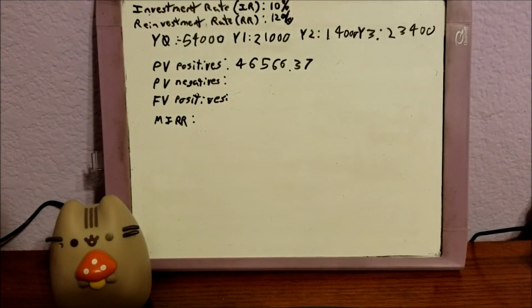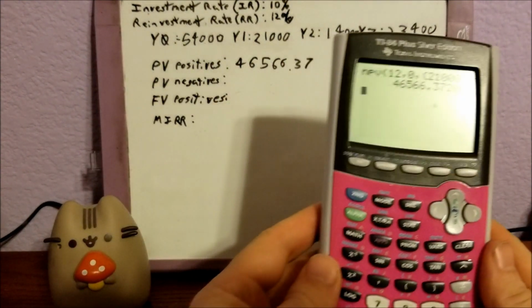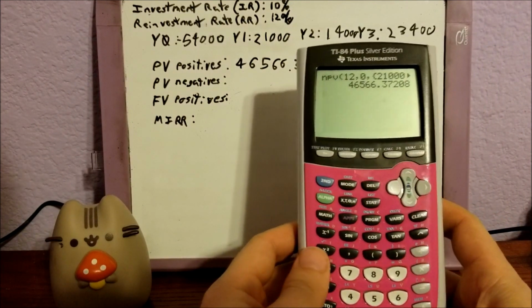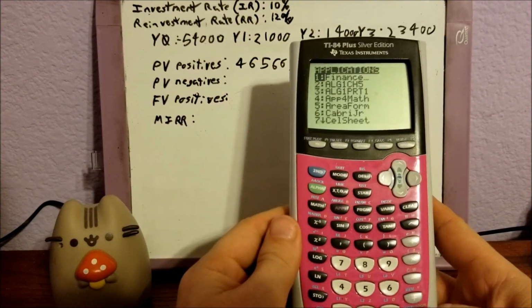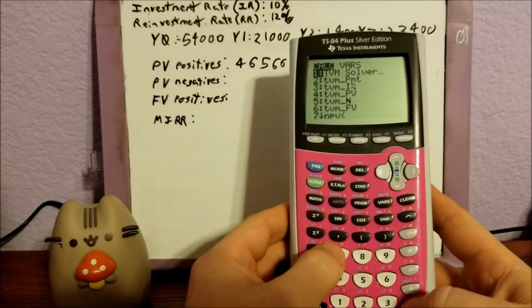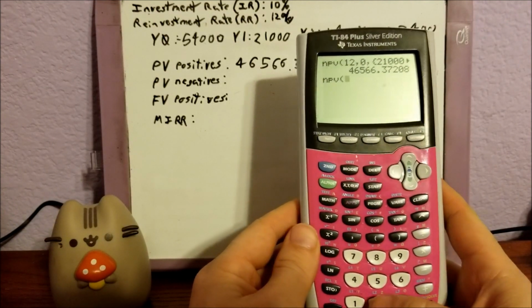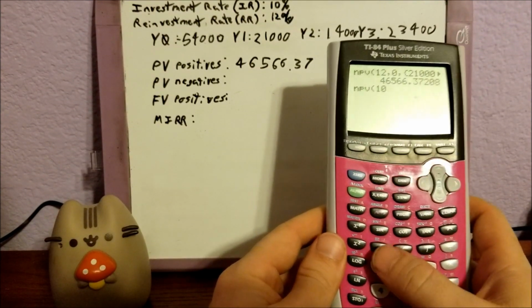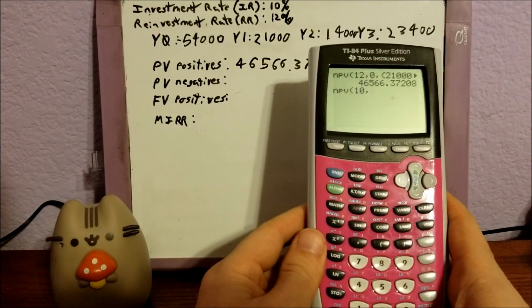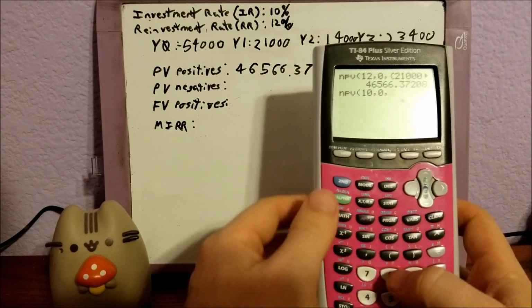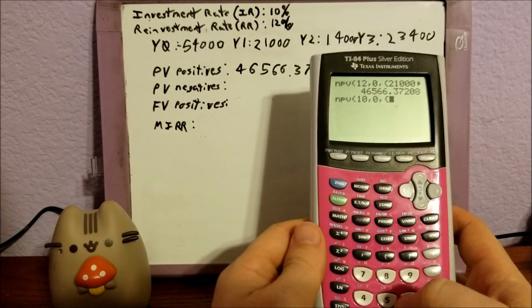Okay, let's do our negatives. You're going to love this one. Apps, finance, 7. Our investment rate is 10. We ignore year 0. Open up our curly braces.